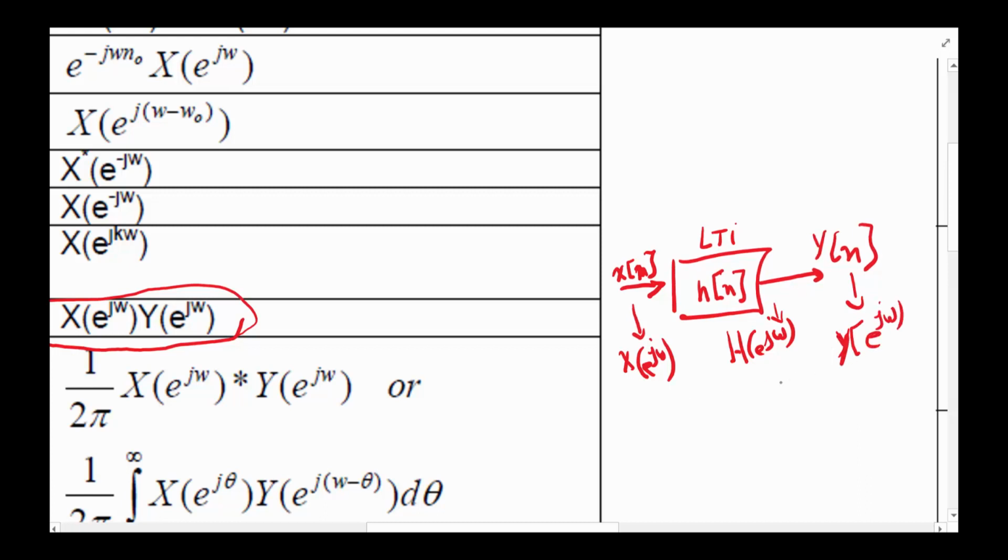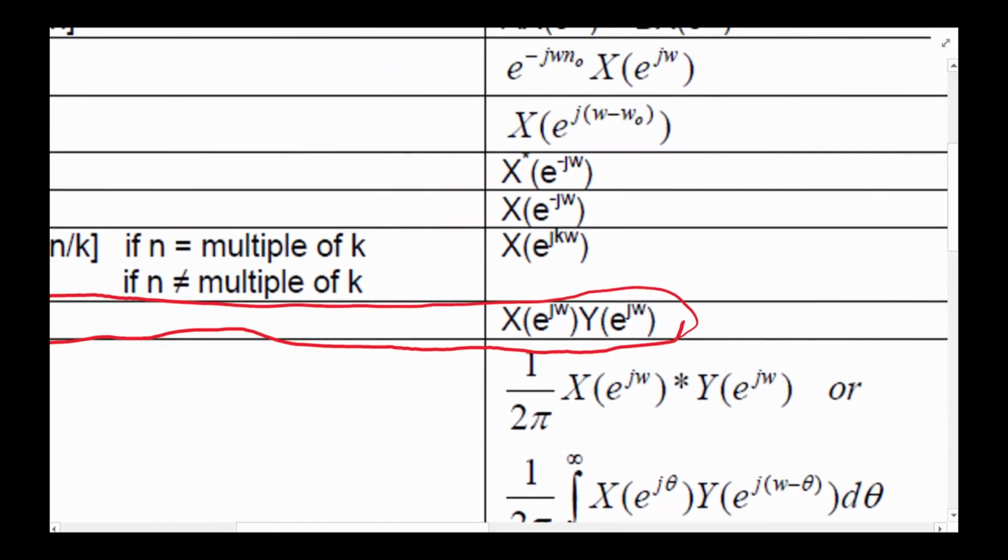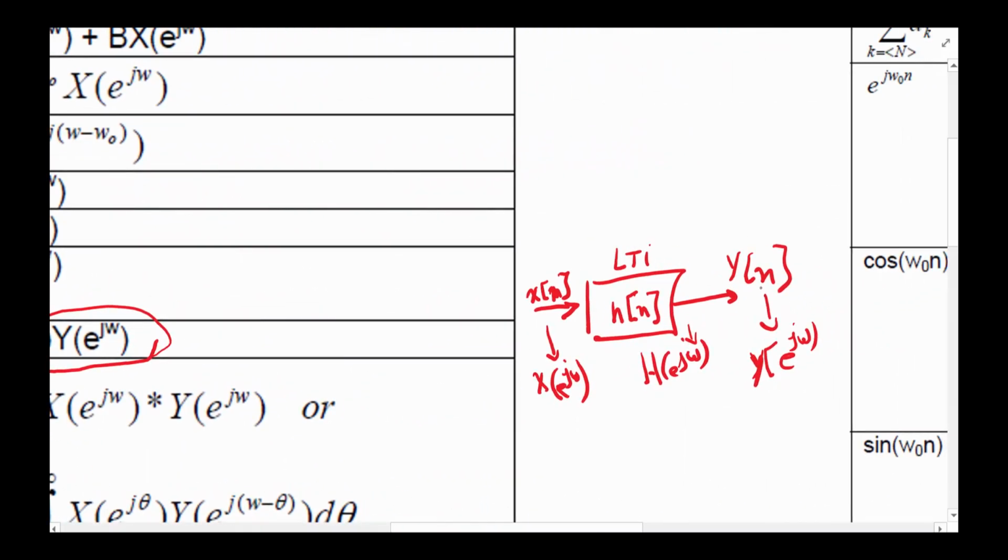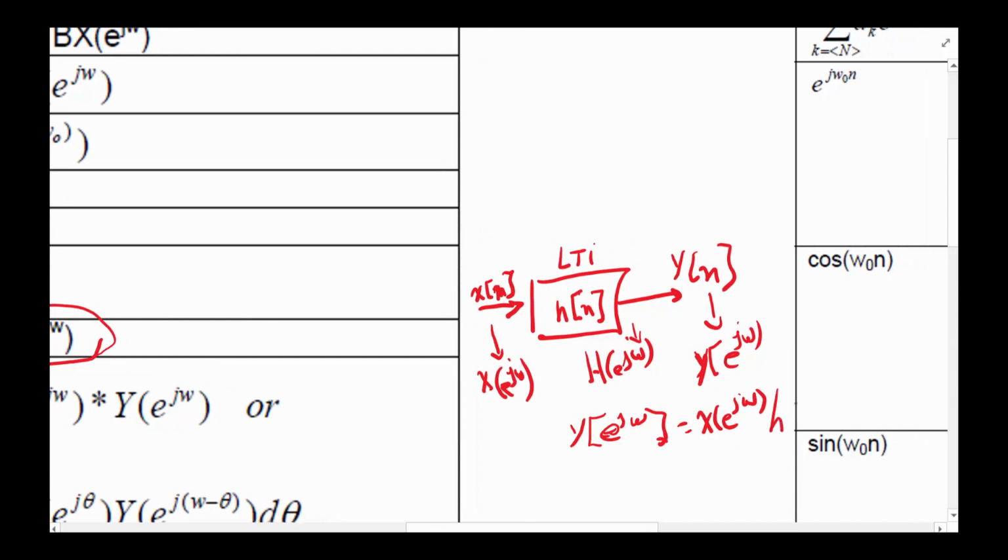The power of this property is that since y of n used to be a convolution of h of n and x of n, now Y of e to the j omega, the Fourier transform of the output, is simply the Fourier transform of the input times H of e to the j omega.